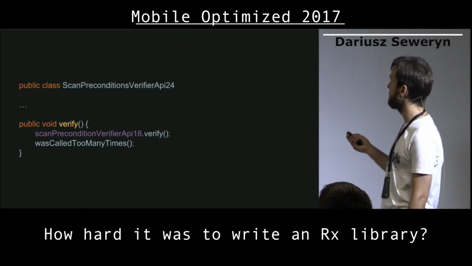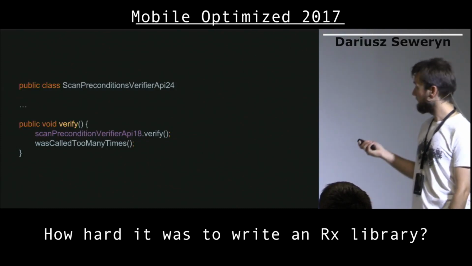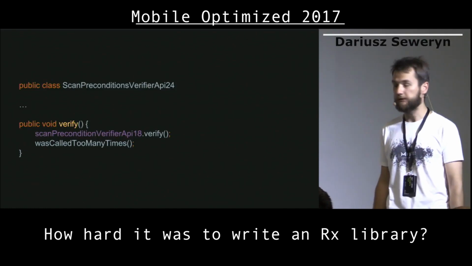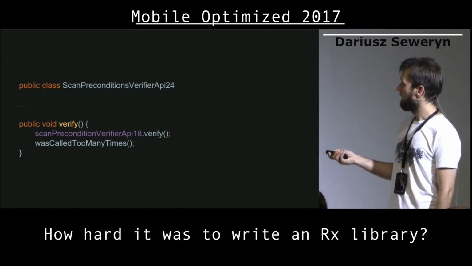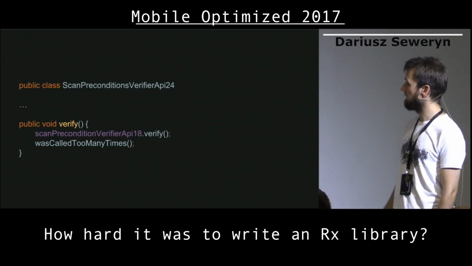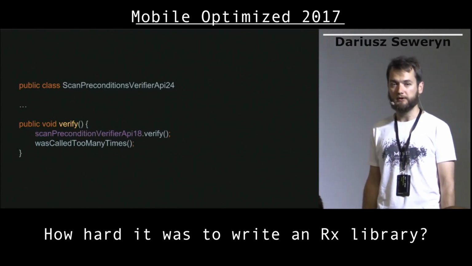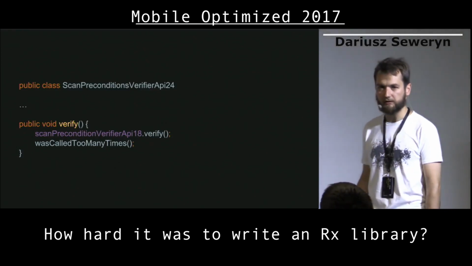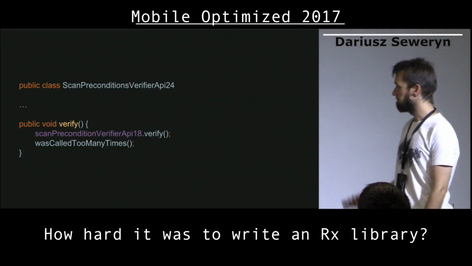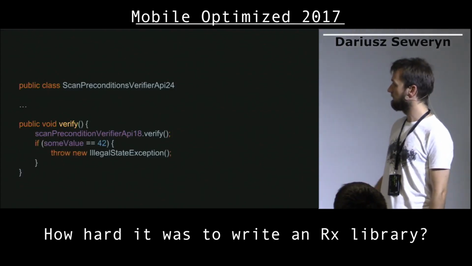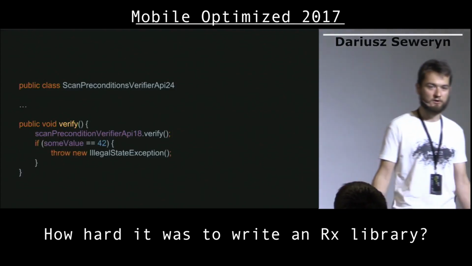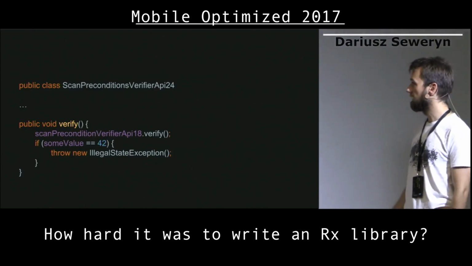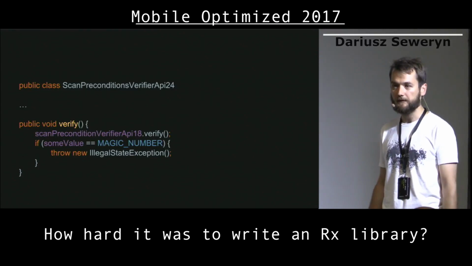Okay, it's for API 24. And it uses the same class, but only for API 18. Fair enough. And there is another call that is checking if it was not called too many times. And when a new contributor or a new maintainer comes to your code, it makes no difference to them if that will be checking a specific parameter of the code. It's just a magic number.